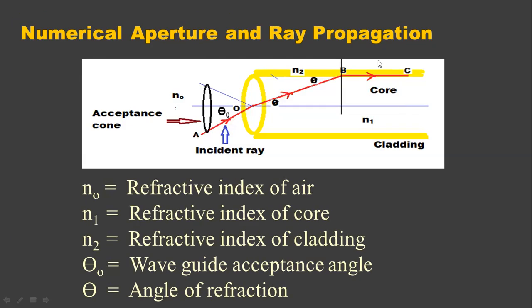I have shown this here: for point B, this angle is 90 minus theta, and it becomes equal to the critical angle for this pair of core and cladding. Because of that, after refraction, the ray grazes the interface of core and cladding along the path BC.